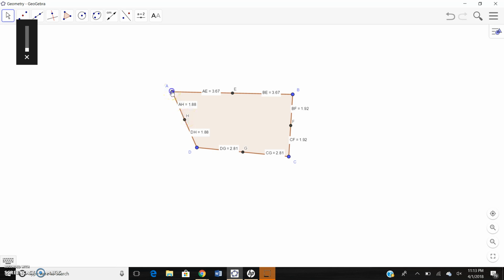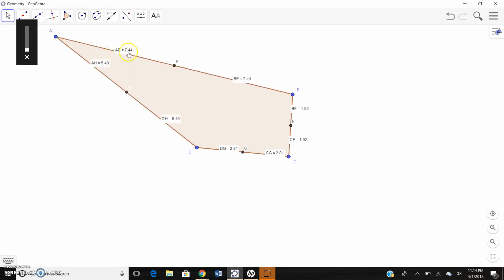And so I can drag A and I can test that conjecture, and I can see that I can pull it all the way out to here. And AE is 7.4 and BE is 7.4, AH 5.49, DH 5.49.